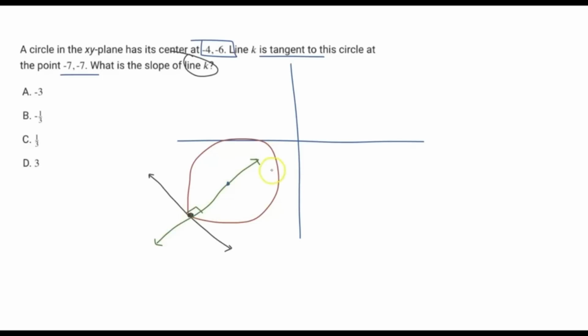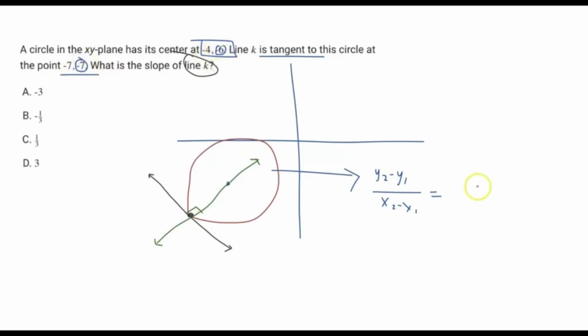So the slope of the green line, let's draw over here, is going to be based on these 2 coordinate points. So the equation is going to be y2 minus y1 over x2 minus x1. And so here, let's just look for the change in y. So the change in y, we're going from negative 7 to negative 6.